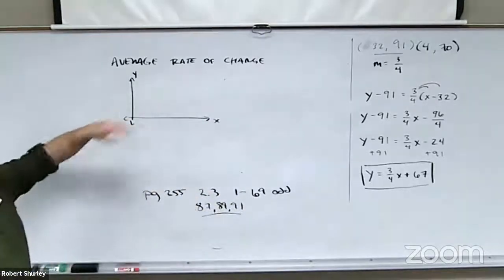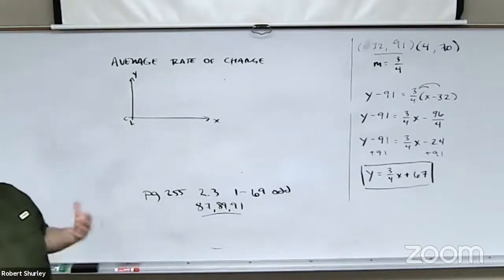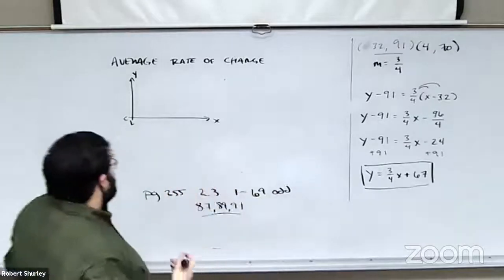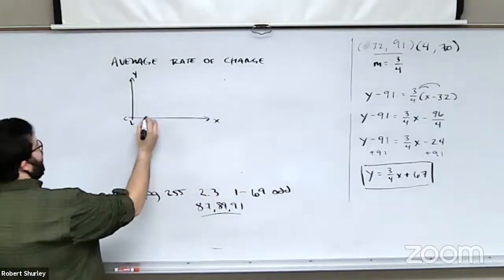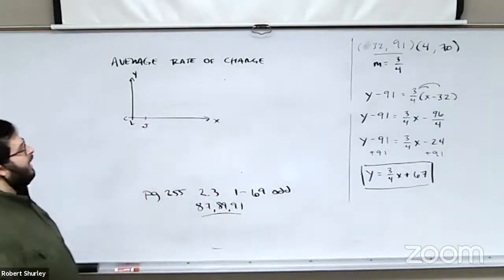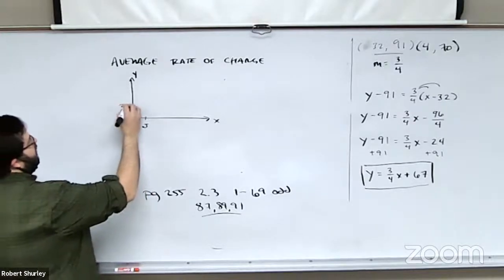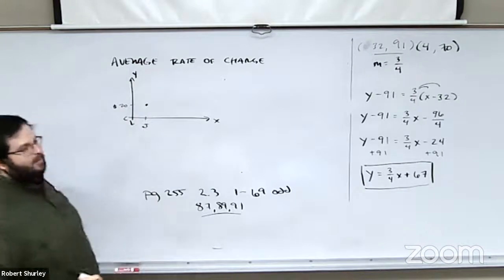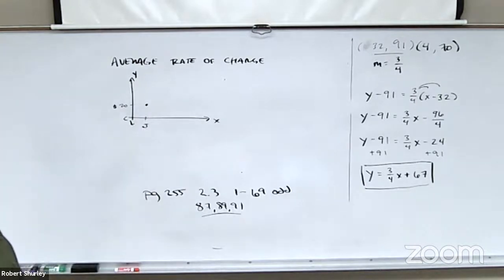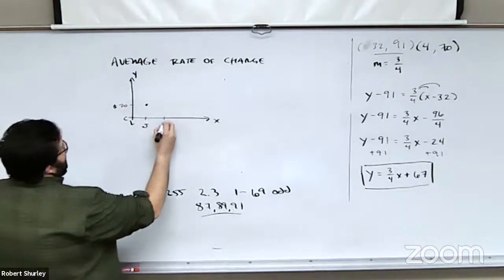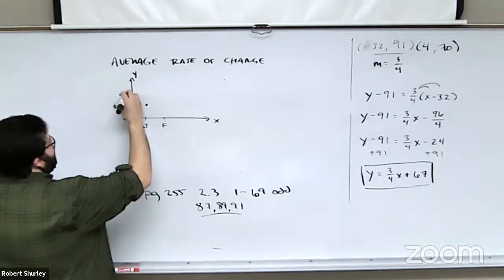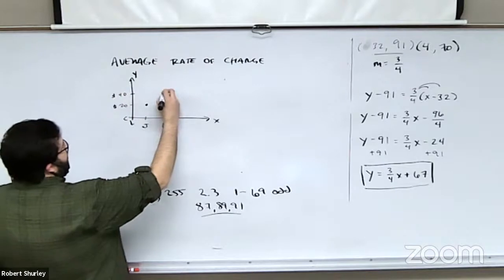Okay, so average rate of change. Let's look at my spending habits on McDonald's each month. Let's say in January I spent $20 on McDonald's. Let's say in February, I spent $40.